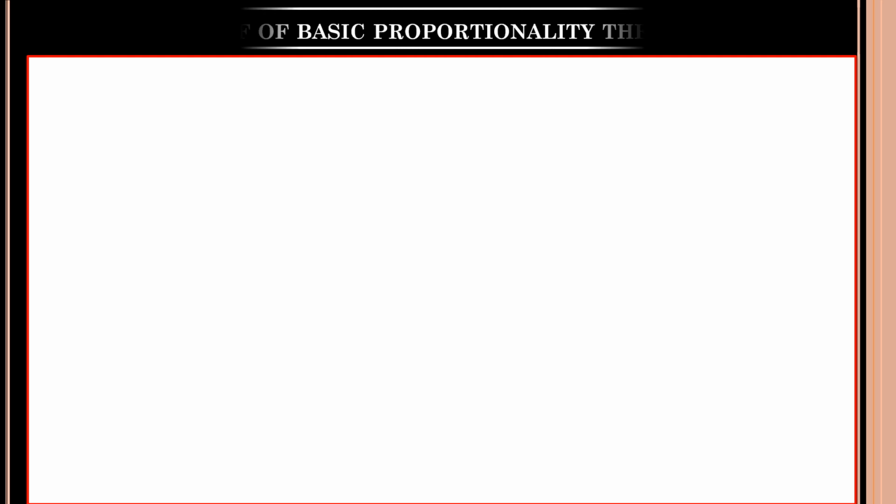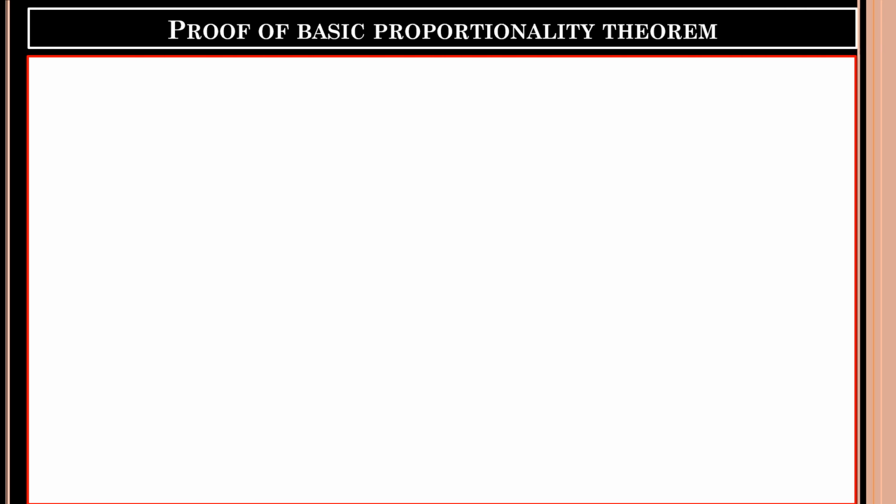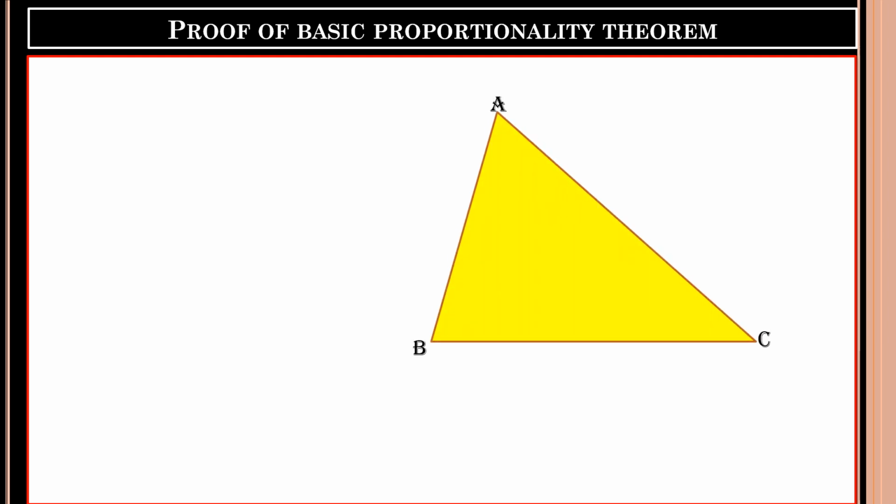Now see, the statement of the basic proportionality theorem is that if a line is drawn parallel to one side of a triangle, it divides the other two sides in the same ratio. So let ABC be the triangle and DE the line drawn parallel to one of its sides BC.